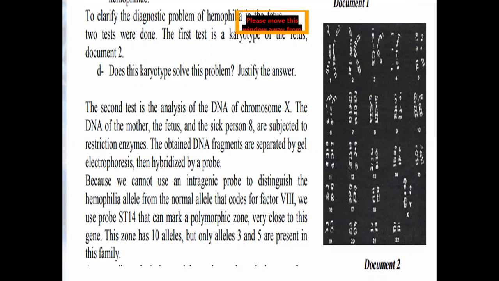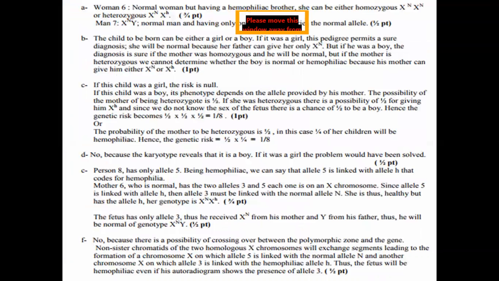But it's a male, so here's the problem. So no, this karyotype does not allow precise revealing of the phenotype of the individual. We said no. Why? Because the karyotype is for a male. So if it was a girl, the problem would have been solved.